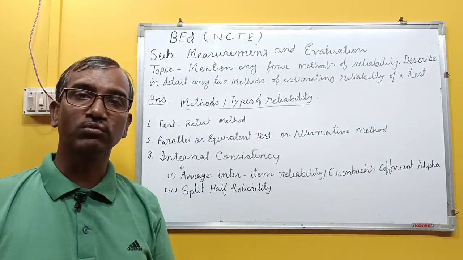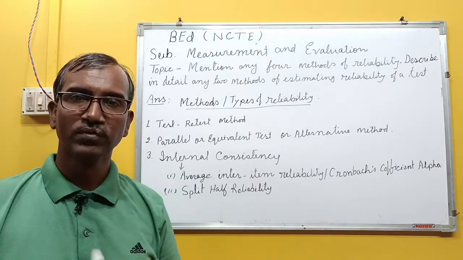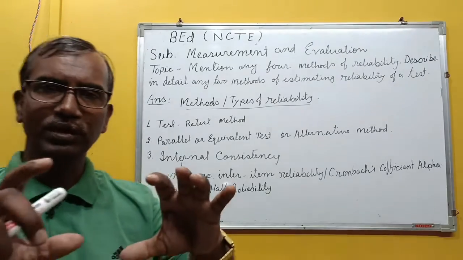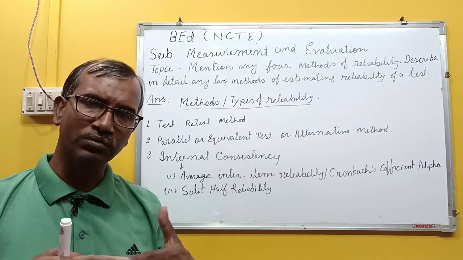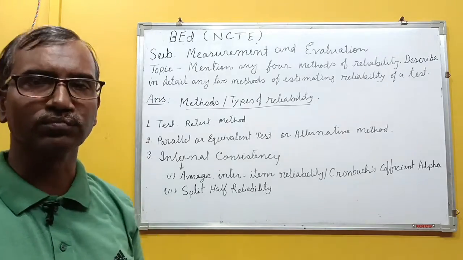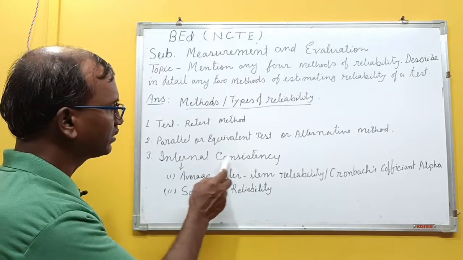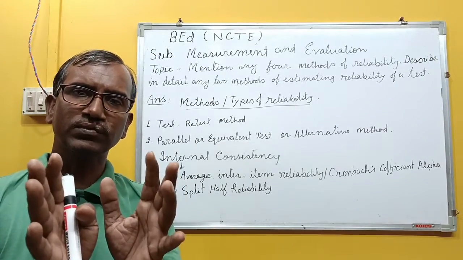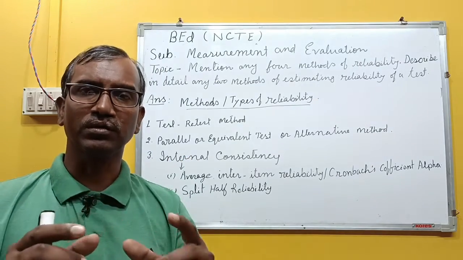This is a very simple way of understanding. First of all, you must go into the topic, you must know actually what it means. Then you can go gradually deeper into the topic. Next, number 3 is internal consistency. Consistency means static, consistency means similar.